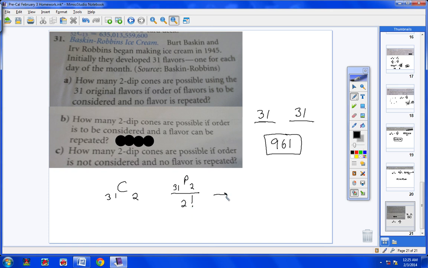So up top, because of this 2, I'm going to have 31 times 30, and in the denominator it will be 2 factorial, or 2 times 1. Now 31 times 30 is 930 over 2, and so the answer is going to be 465. 930 divided by 2 is 465. That's the different combinations you can get out of 31 flavors in sets of 2.